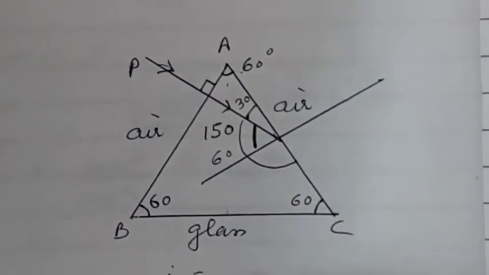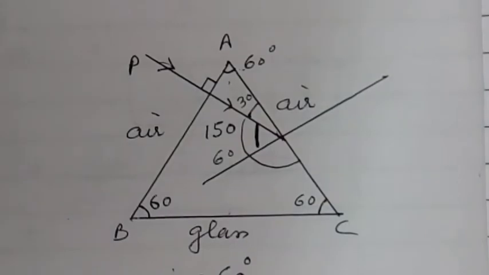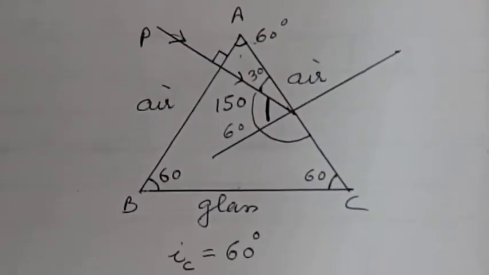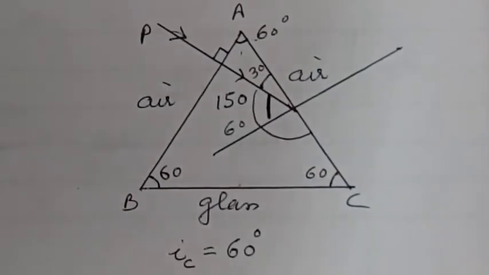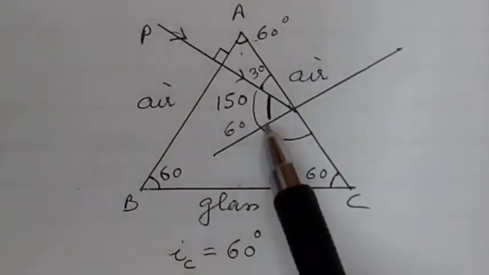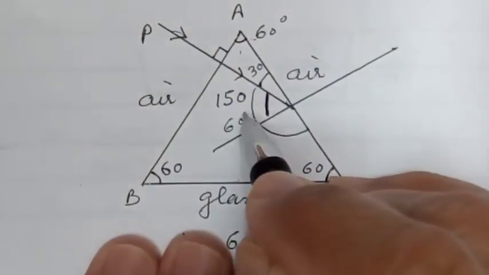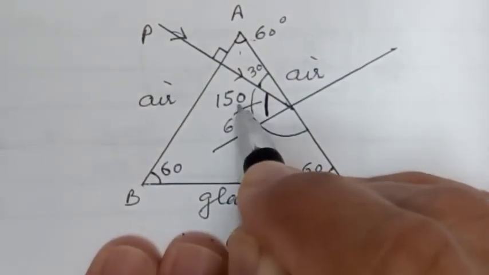Again, let us say the critical angle over here is given to be 60 degrees. This is a very tricky question. Instead of giving the critical angle to be equal to 42 degrees, the question says the critical angle is not 42, it is 60 degrees. So this angle of incidence is 60 degrees. The ray strikes at 60 degrees here.